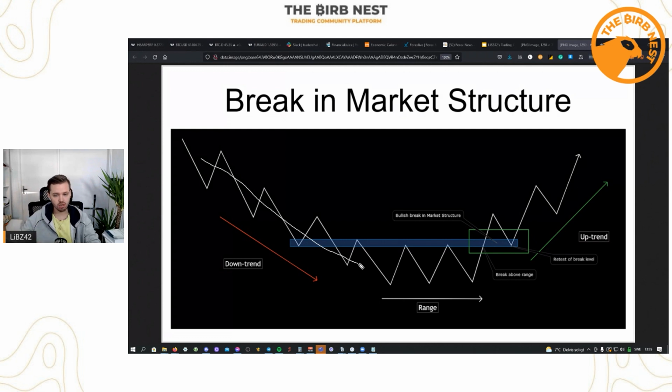So a bullish break in market structure is when a possible uptrend is forming. A bearish break in market structure is when a possible downtrend is forming. So if you have an uptrend, when that uptrend is broken and you start seeing signs of a downtrend, that is when you have a bearish break in market structure.